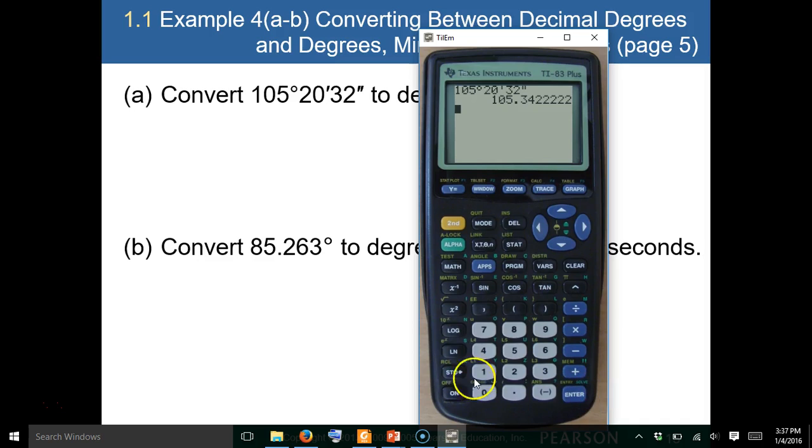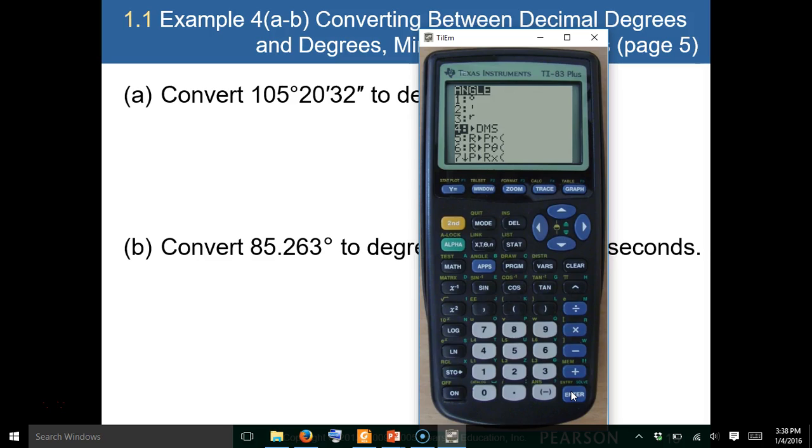Okay, now the next one, we want to convert 85.263 degrees into degrees, minutes, seconds. So just plug that in, 85.263, and then go back to second, apps, and do number 4.